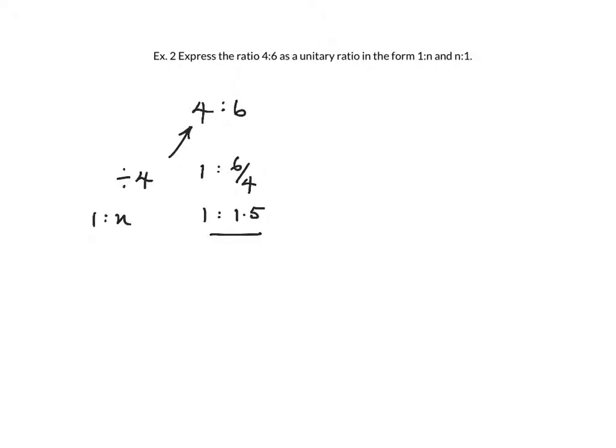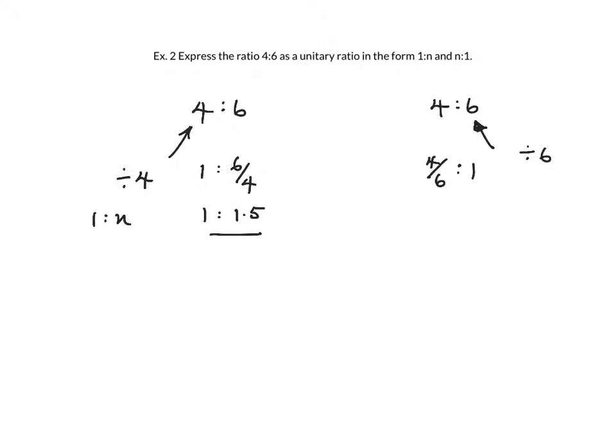If we start off with the original ratio again, 4 to 6, now this time what I want to do is to get the second number to be equal to a 1, and I can do that by dividing by 6. So 6 divided by 6 is 1, and 4 divided by 6 I can write like that.